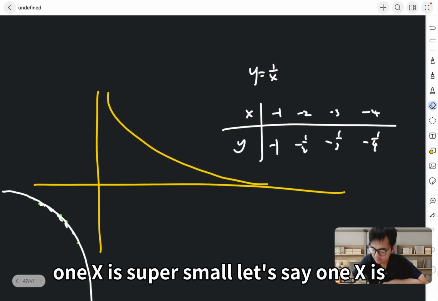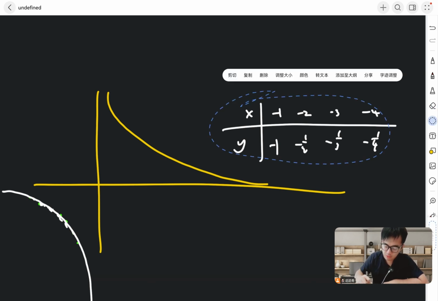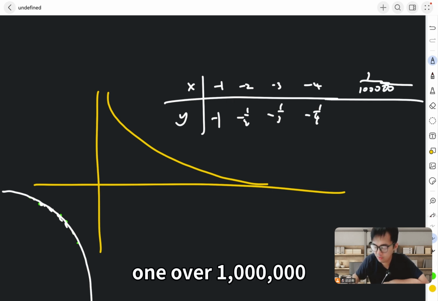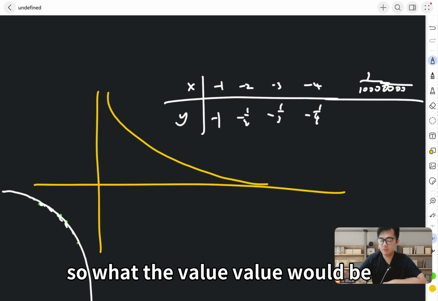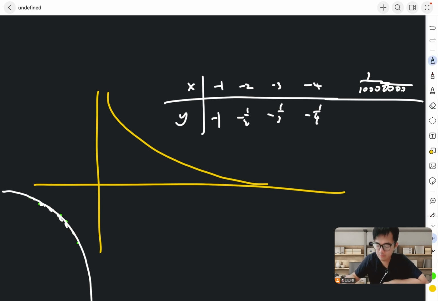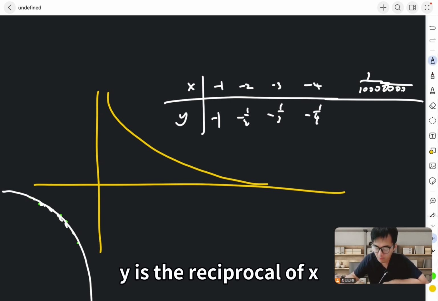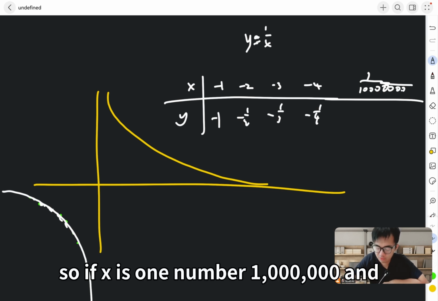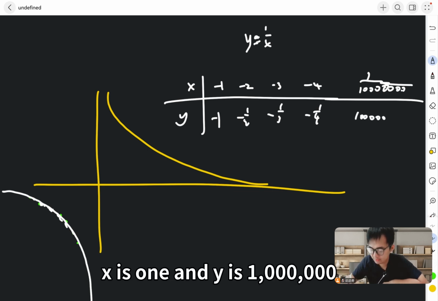When x is super small, let's say when x is 1 over 100, or 1 over 1000, or 1 over 10,000, or 1 over a million, what would the value be? You see, y is the reciprocal of x. So if x is 1 over 1 million, y is 1 million.